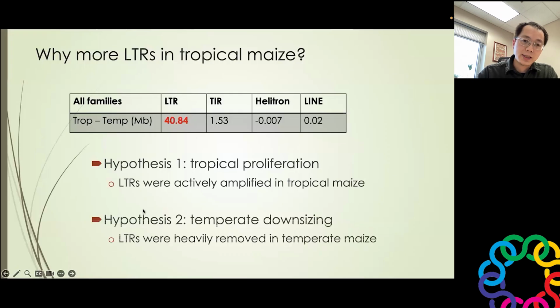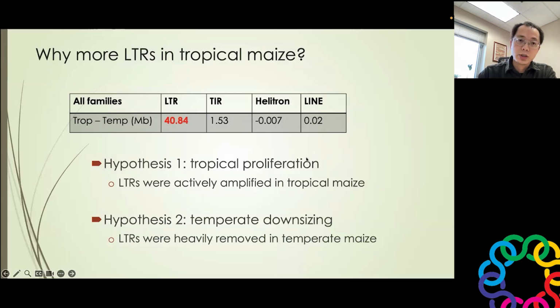And the second hypothesis is that the LTRs in the temperate genomes are being more removed, downsizing. That you don't need to do anything in the tropical genome, the temperate genome is just being smaller. So the two hypotheses are very different, but can result in the same observation.